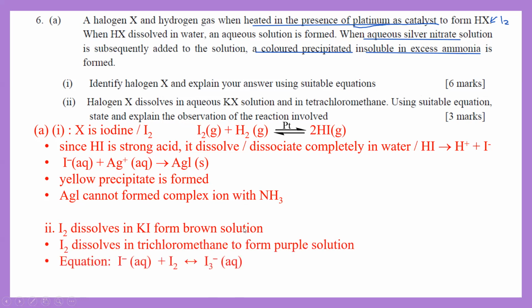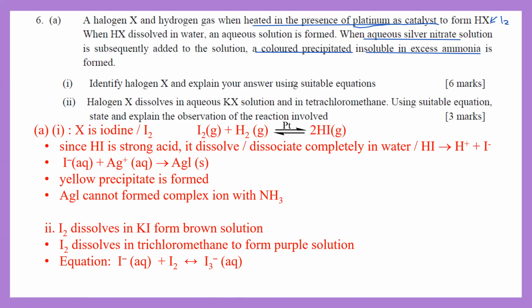So these are the equations: I minus plus I2 give I3 minus, for iodine in potassium iodide. Because iodine is a non-polar molecule, iodine dissolves more readily in the organic solvent tetrachloromethane. That is how you form the purple solution there. So that is for 6A2.